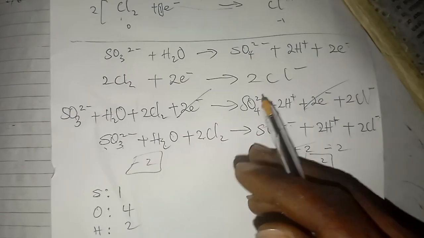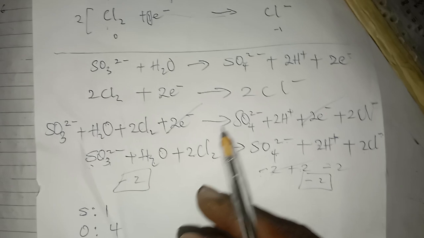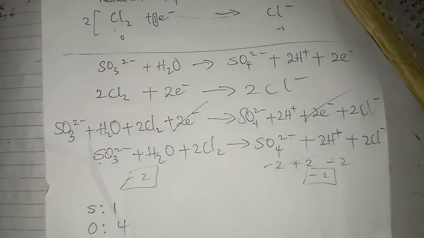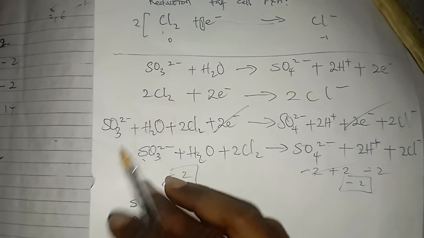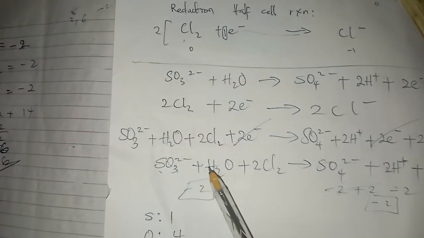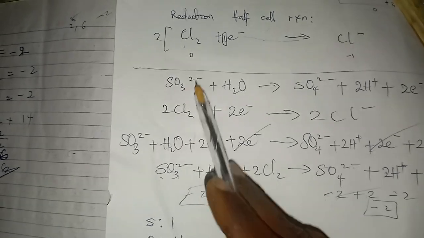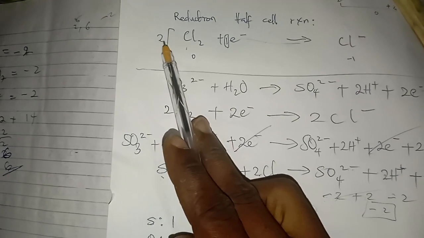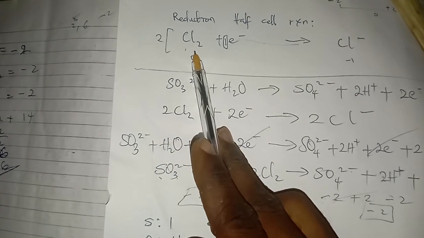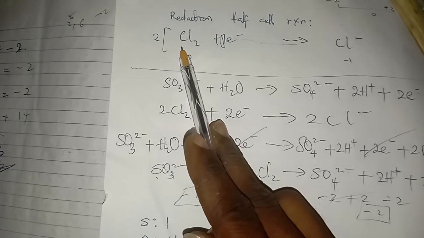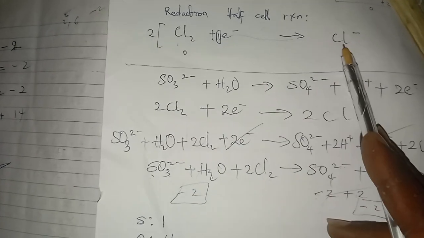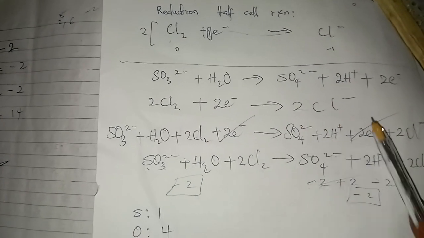Our chlorine is the problem. The problem is that the chlorine came when we multiplied by 2. When we did 2 times this, we have 2 of this, then we now have 2 of this.